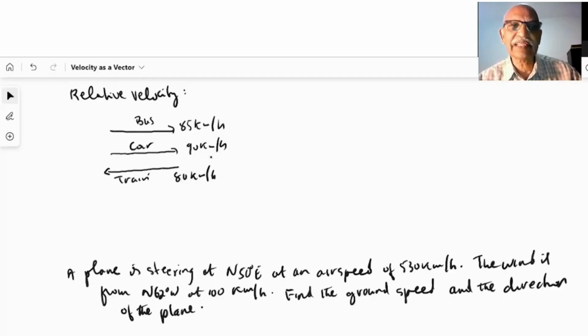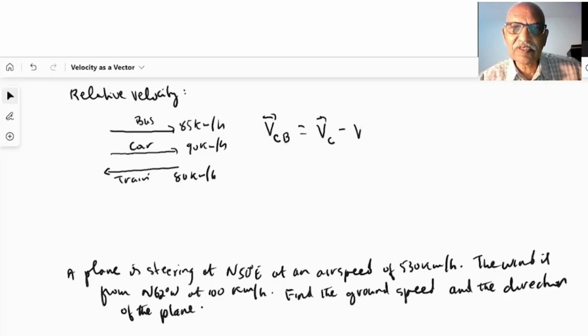But when we say relative, let's say I say velocity of the car relative to the bus. It means I have to do velocity of the car, the first letter, take away velocity of the bus.